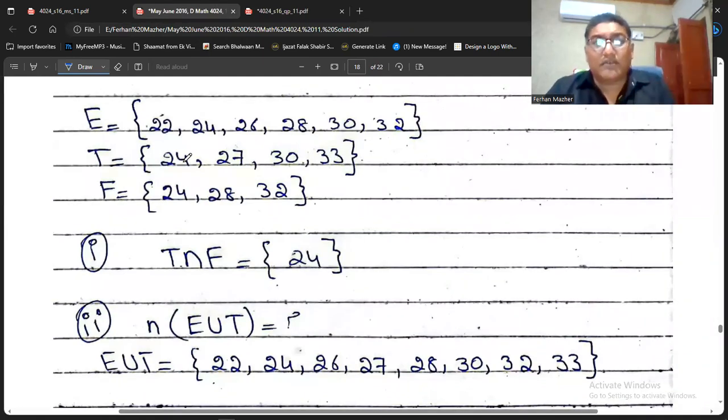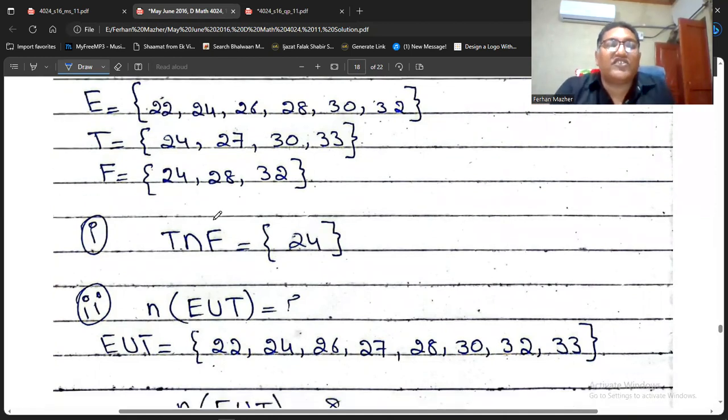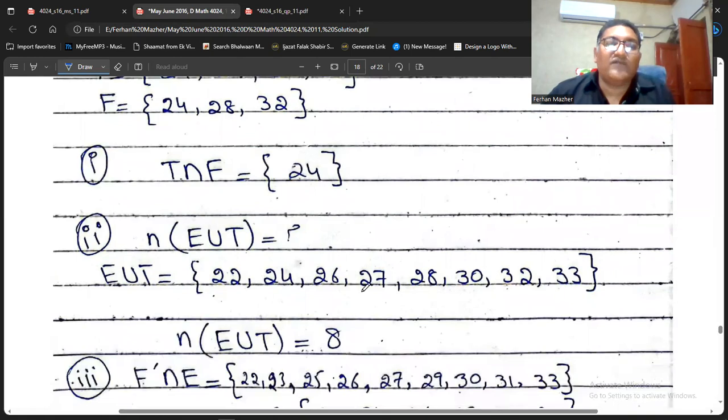You take all the members of E and T, and just keep one thing in mind, that we do not repeat any member. So it will become 22, 24, 26, 27, 28, 30, 32, 33. So how many members are there? 1, 2, 3, 4, 5, 6, 7, 8. So there are 8 members.